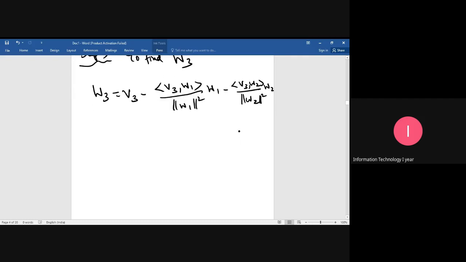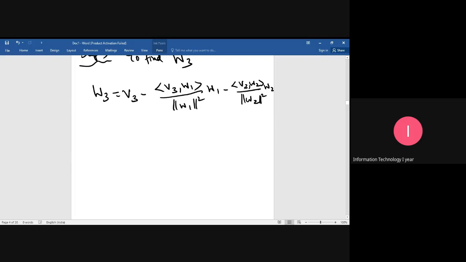So to find out W3 now: V3 is a given vector, but inner product of V3, W1 we need. Norm W1 square we calculated in the previous step, so we can take it from there. Then W1 is the vector we calculated from the first equation, we can take it.